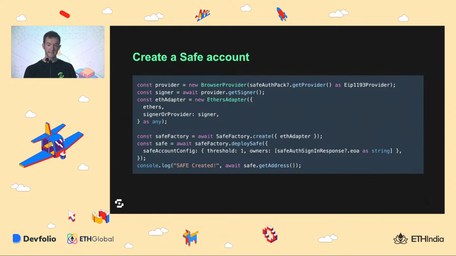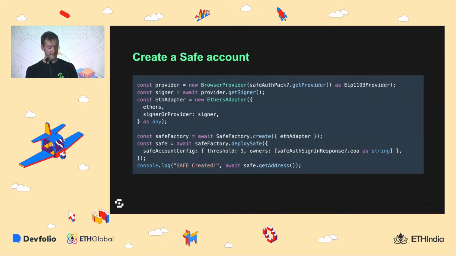How do we get the safe factory to deploy this safe? In the previous line, we see that we are calling safeFactory.create, passing an ETH adapter. This ETH adapter is just a wrapper of the libraries Ethers.js or Web3.js, depending on what you are using in your application. This ETH adapter, we can get it by calling the Ethers adapter class, passing, in this case, an instance of Ethers and a signer.